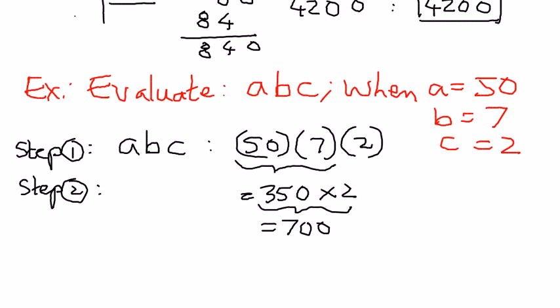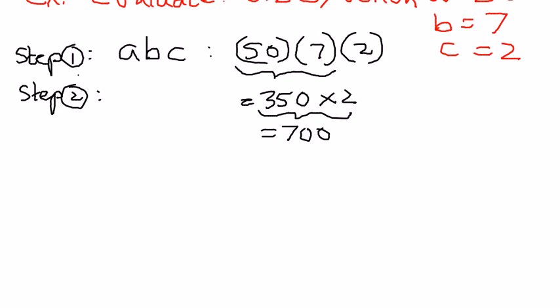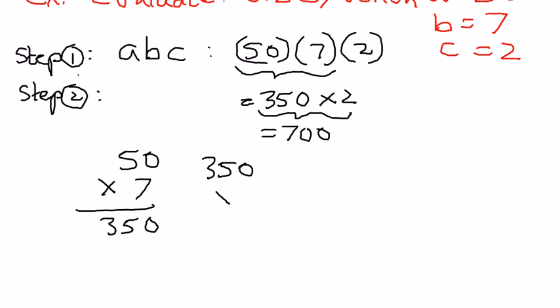If we want to do the same operation using vertical multiplication, we can do that as well. So we take the first two numbers, 50 times 7. 7 times 0 is 0, 7 times 5 is 35. Then we take 350 and multiply that by 2. We took the first two numbers and we got 350.